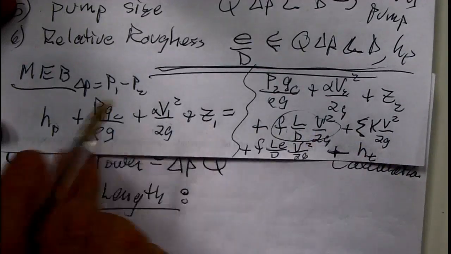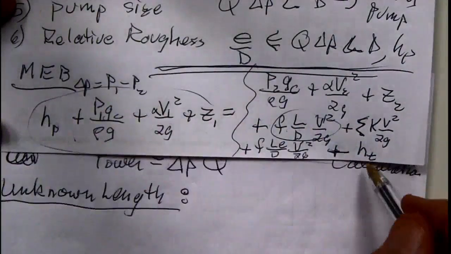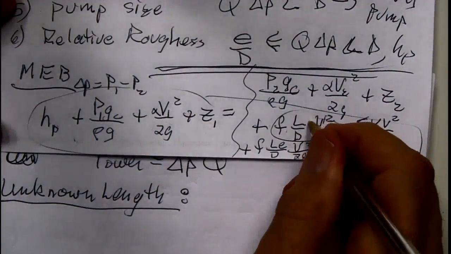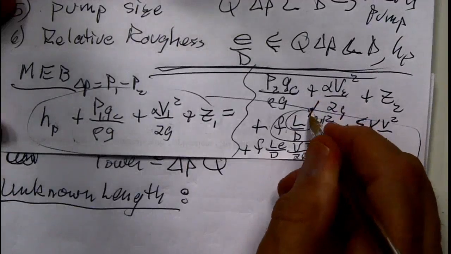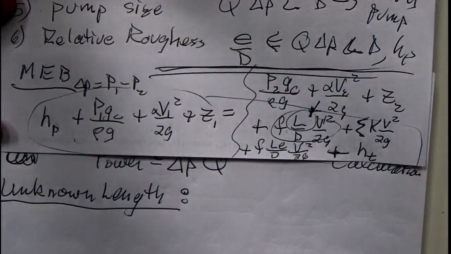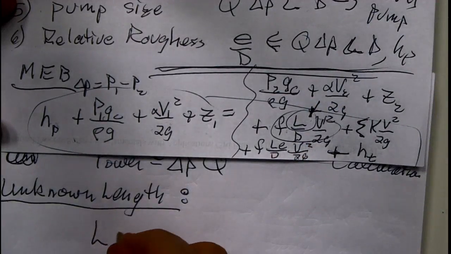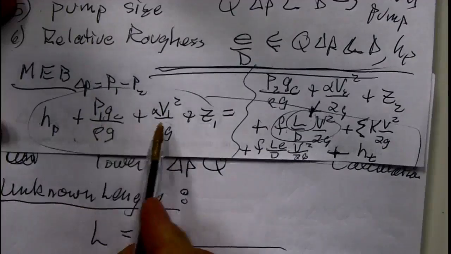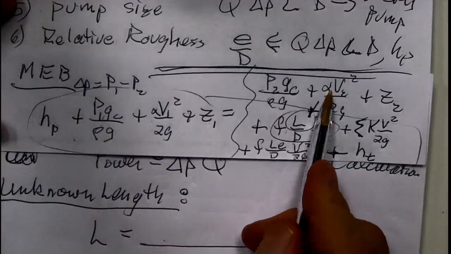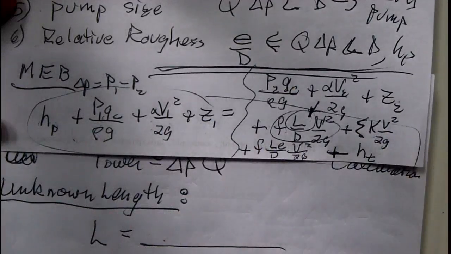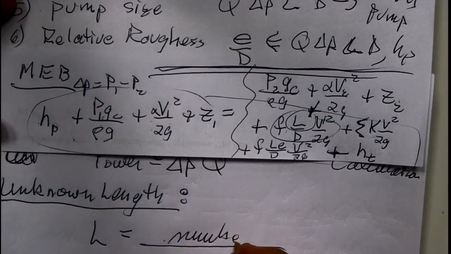So you'll find if you peruse this equation, the only place the unknown length is, is right here. So you have length equals, and after you fill in all of these terms, collapse everything down, and rearrange some terms, you basically have unknown length equal to some number in the calculations.